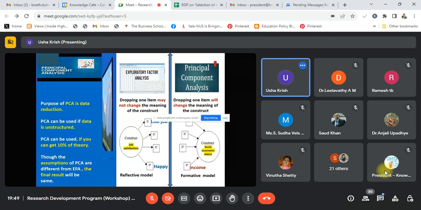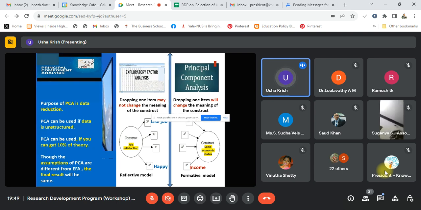That is, I like the job, I am happy with the work environment, and so on. Even if I remove one item, the meaning of job satisfaction will not change totally. This is the unique feature of the reflective model. So in the reflective model, we define the construct first. Based on that definition, you try to identify the items.